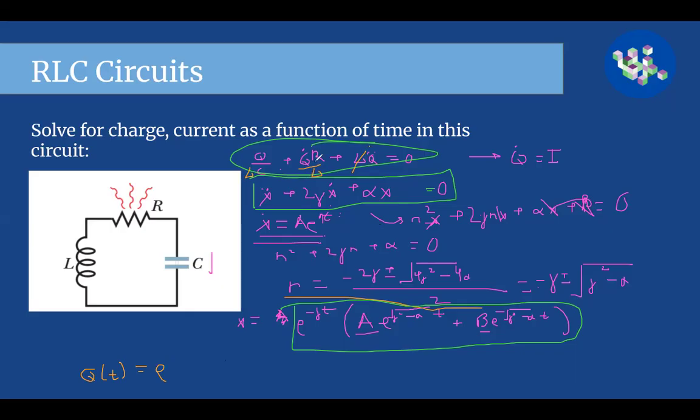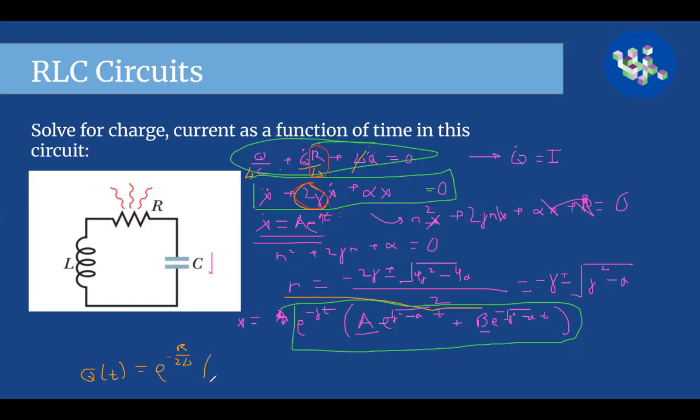Gamma is r over 2l, because this 2 gamma term matches with this term over here, since you can think of x as my q. So e to the negative r over 2l t.